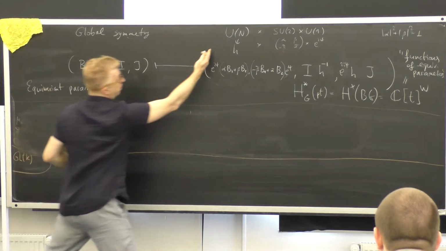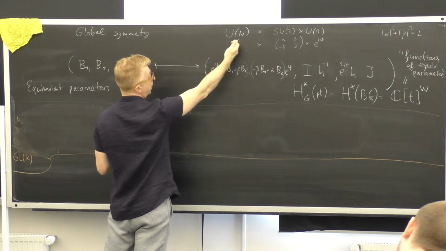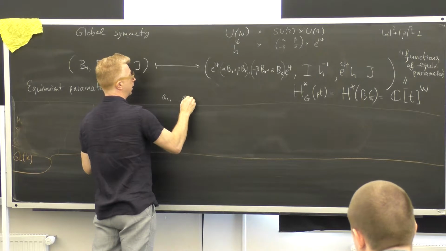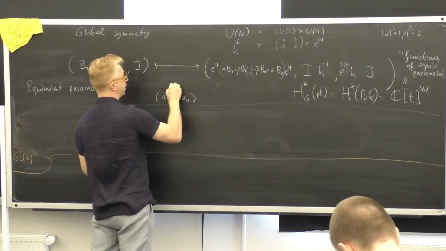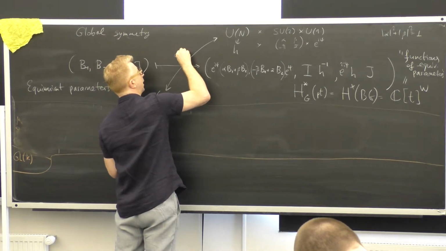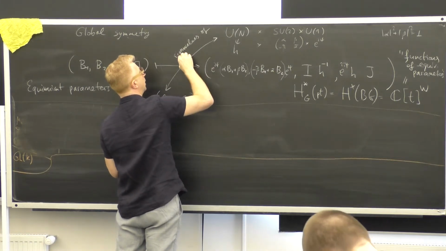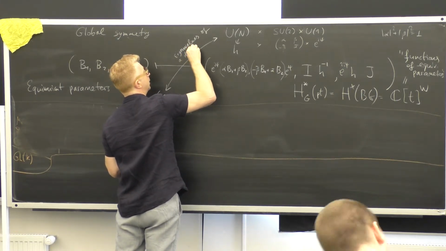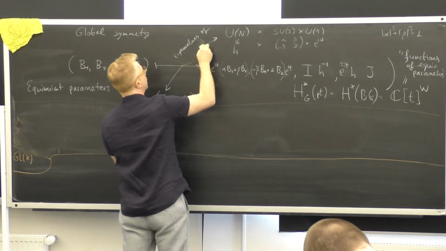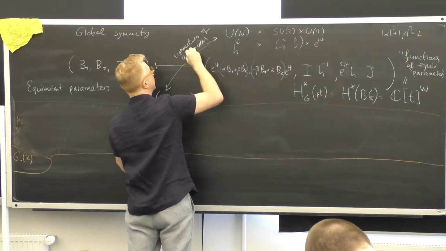So for the problem at hand, the equivariant parameters would be the coordinates on the Lie algebra of the maximal torus of UN. So this will be N complex numbers. So these are eigenvalues of a diagonal generic element in the Lie algebra of UN.